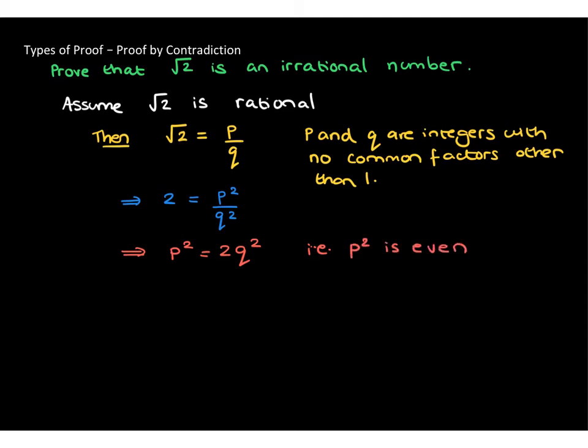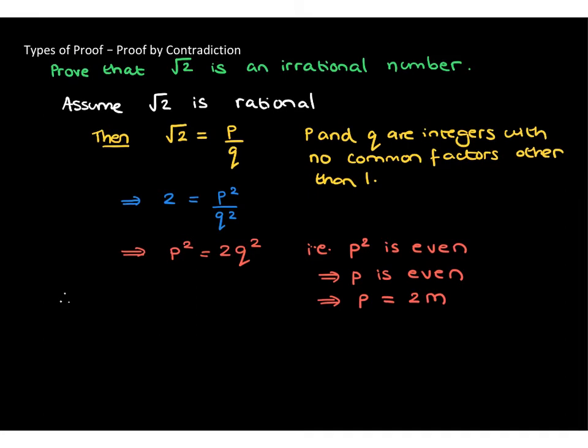Now, if p squared is an even square, this tells me that p is even, which tells me that I could write p in the form 2m, because it's an even number.